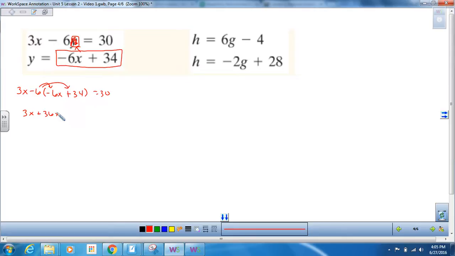And then negative 6 times 34 is negative 204. So 3x plus 36x is 39x. I need to add 204 to both sides.